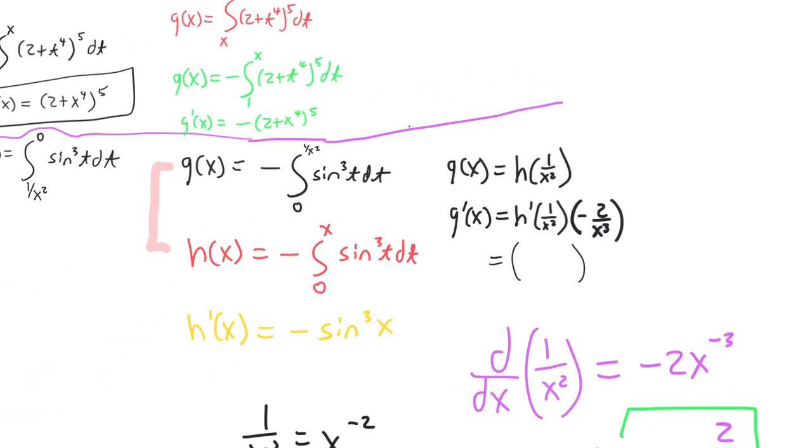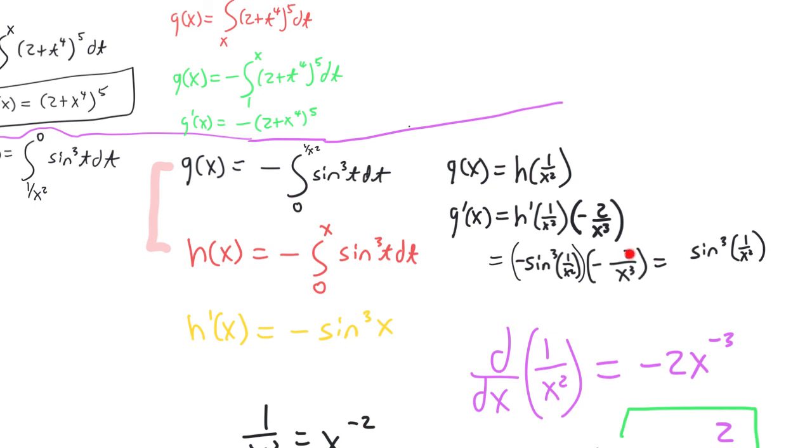Now remember, the derivative of h of x was this. So we're going to substitute in negative sine cubed of 1 over x squared. And that is still being multiplied times that, so that's going to be negative 2 over x cubed. Now, we have a negative times a negative, so the whole thing is going to be positive. I'm going to write it over here. And we have a sine cubed of 1 over x squared.